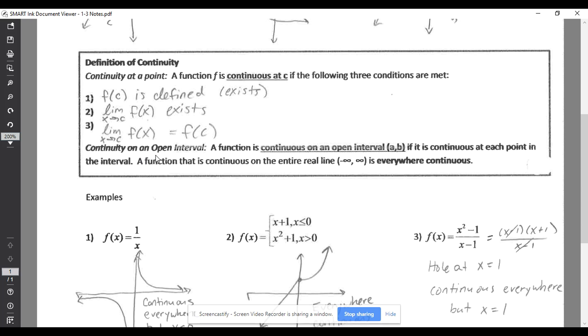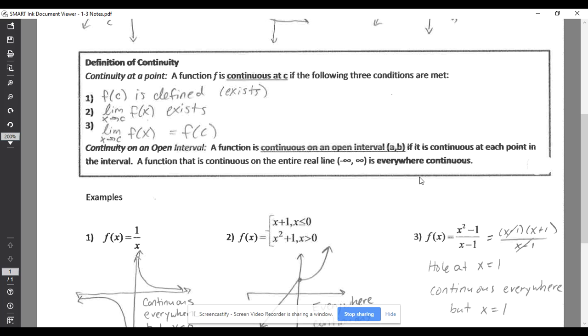Continuity on an open interval. A function is continuous on an interval if it's continuous everywhere in the interval. Kind of makes sense. A function that's continuous on the entire real line, which just means from negative infinity to infinity, we call that everywhere continuous.